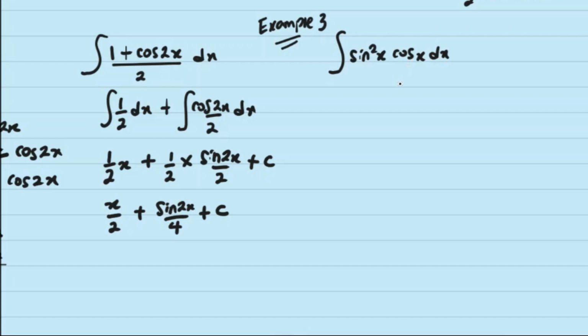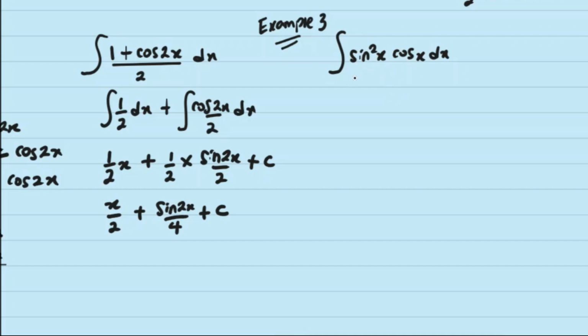Now we are going to use application of substitution here. For this question, to use substitution, you will see either sine square x cos x dx, or you see cos square x sine x dx. The one that is in the power of 2, you take it to be your u. That's what you're going to substitute.